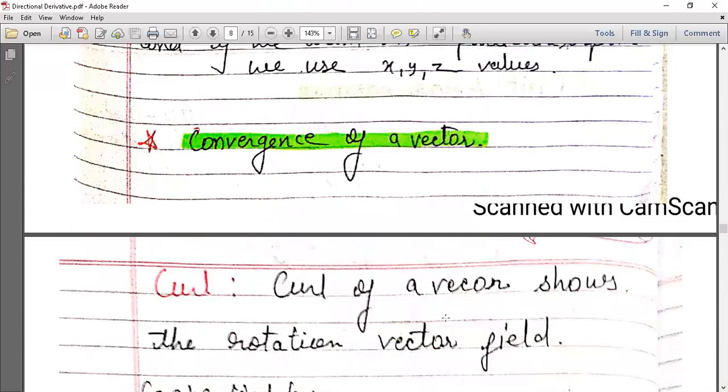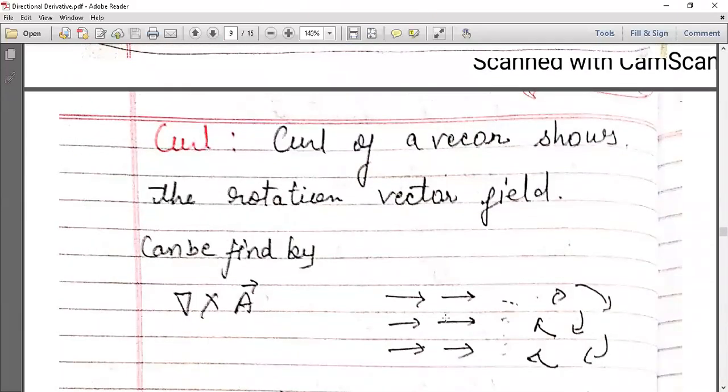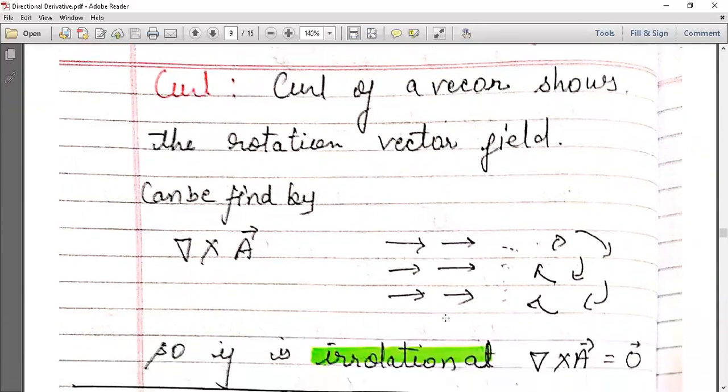Last we have the curl of a vector. Suppose we have vectors all in this direction, but after some time, in a water flow or any type of flow, it flows smoothly, and then in one particular place it starts turning or rotating.